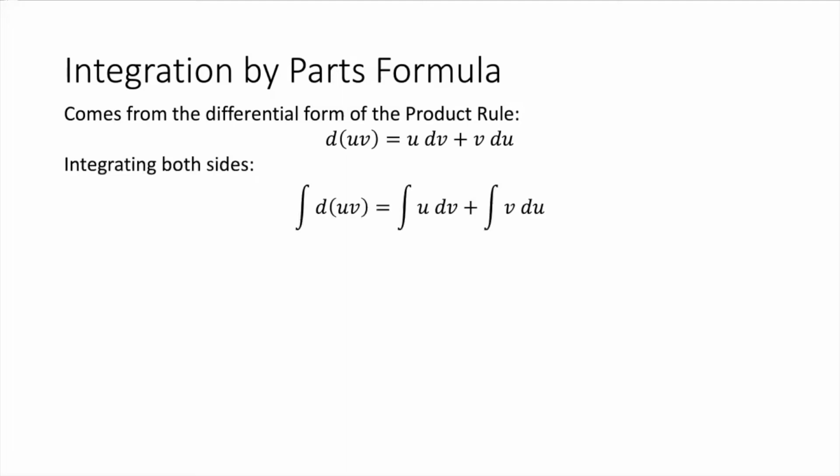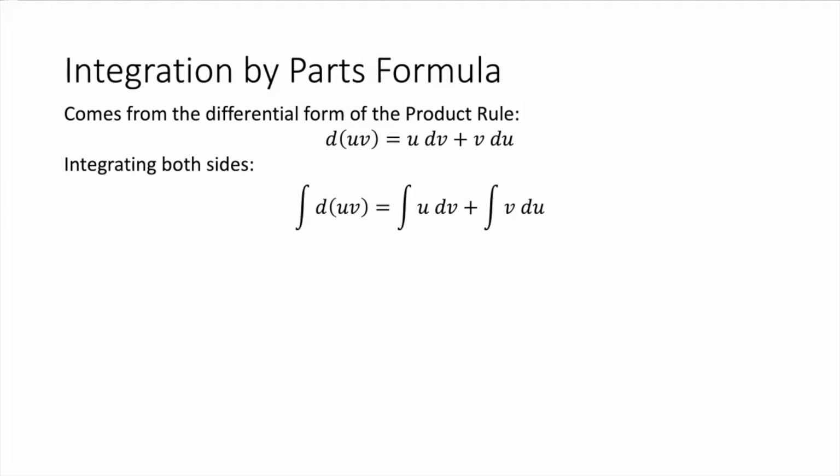So if I write the product rule in its differential form, hopefully you remember a little bit about differential form from Calc 1. The differential of uv is equal to u times the differential of v plus v times the differential of u. So what I'm now going to do with that equation is integrate both sides, which gives me this.